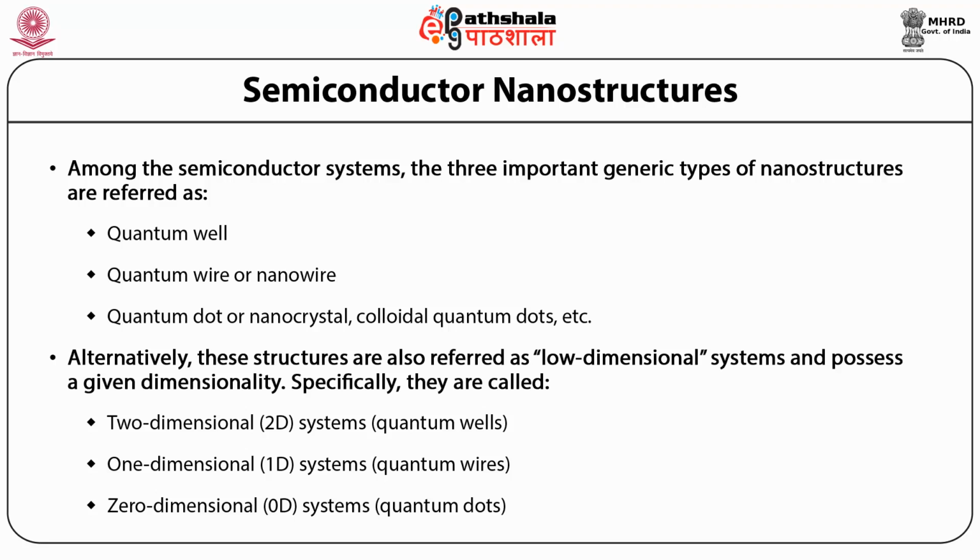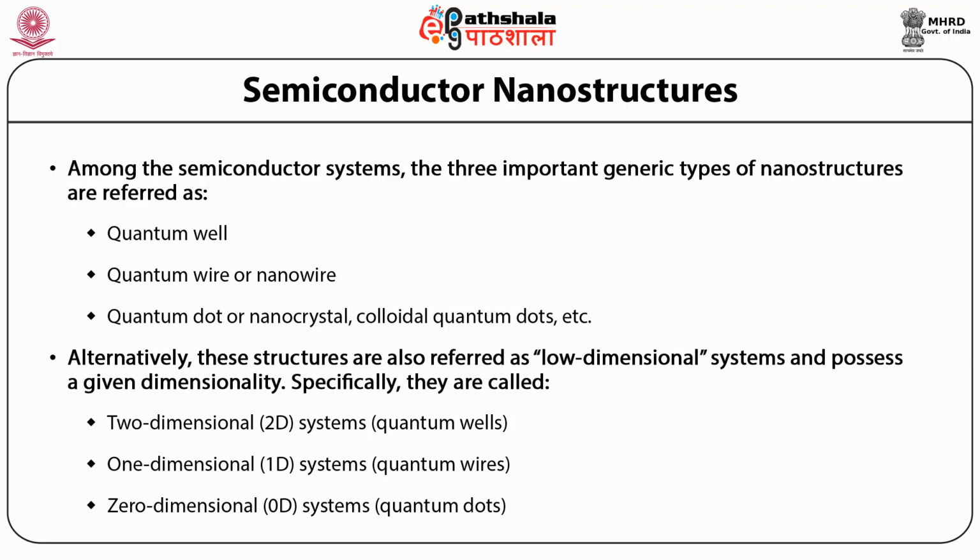Next, let us discuss a quantum wire. A quantum wire or a nanowire is a semiconductor elongated along a single direction with two associated orthogonal dimensions that are much narrower. Carriers in a quantum wire possess 1 degree of freedom and 2 degrees of confinement. Let us now discuss the quantum dot.